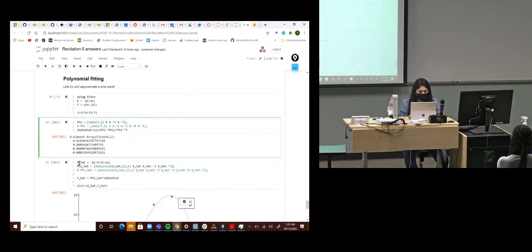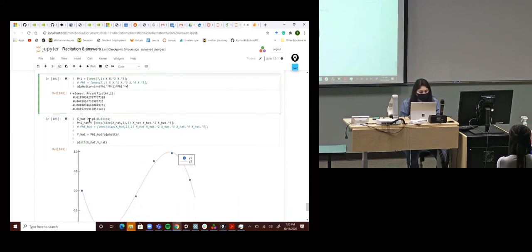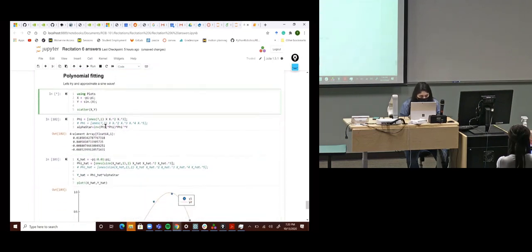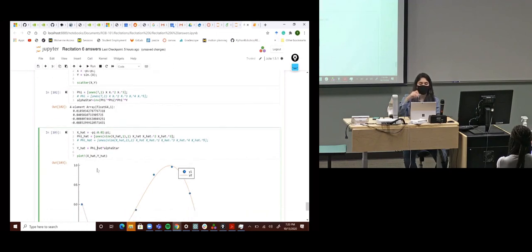I define an x hat just to get a smoother curve from minus pi to pi. If this runs, I'll show it, but if I was to just plot it, it'll just give me a fit through these lines. You want a more detailed plot, right?